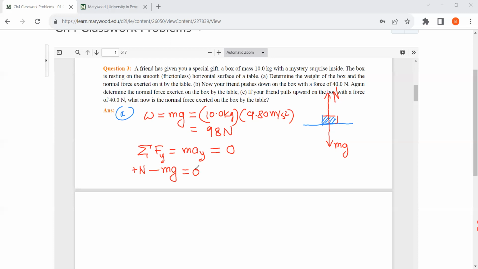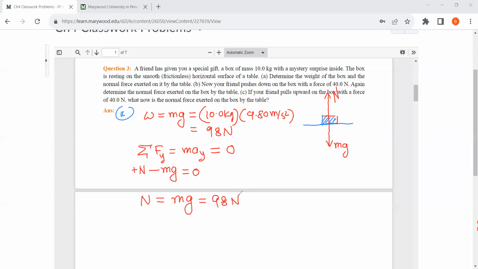Now if I solve this equation for normal force, I get N equal to mg, and we already calculated mg equal to 98 Newton. So the normal force here will be 98 Newton. All right, so that was for A.